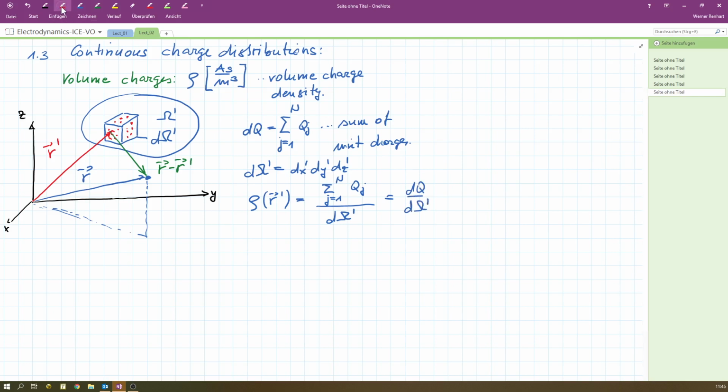So from this we can extract a relation that in general form delta q equals the volume charge density depending on r prime times d omega prime. Then we have all charges contained in this delta omega.